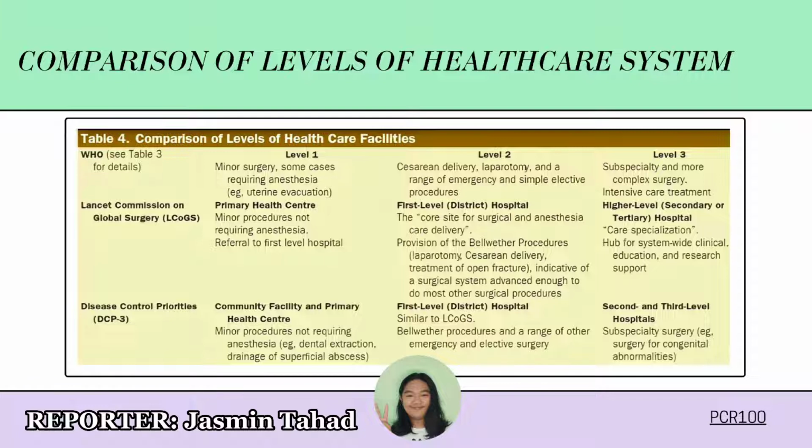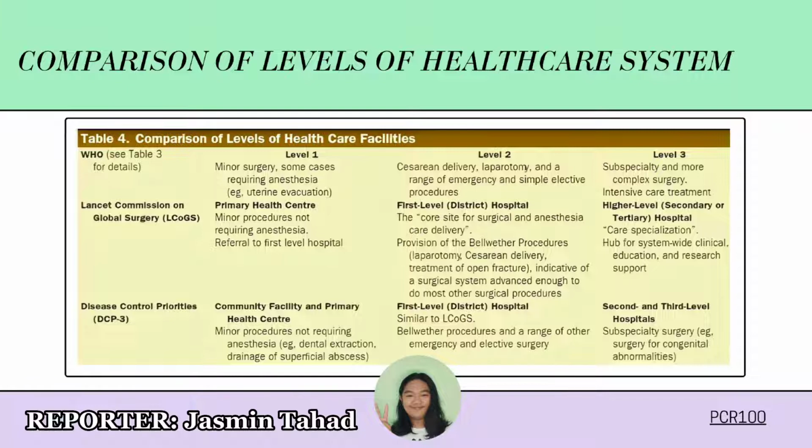Disease Control Priorities states that level 2 facilities or the first level district hospital should have a similar procedure to the Lancet Commission on Global Surgery, bellwether procedure, and a range of other emergencies and elective surgery should be conducted on level 2 facilities.